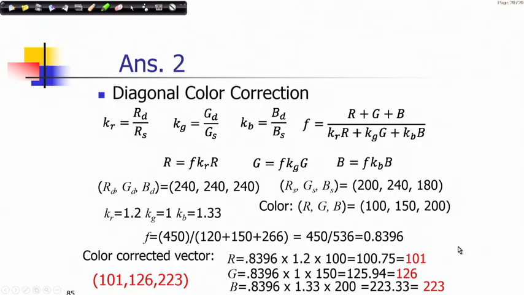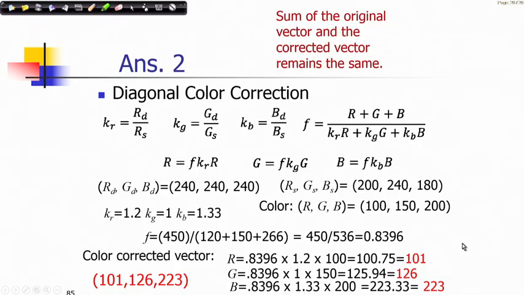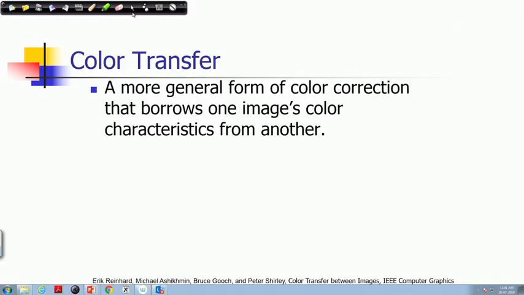So, this is the final answer of this problem, and as I mentioned, the sum of the original vector and the corrected vector remains the same. We will discuss a more general form of color correction, and that operation is called color transfer.